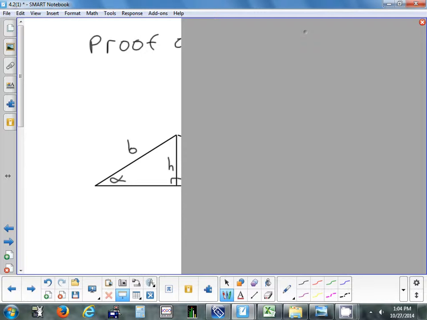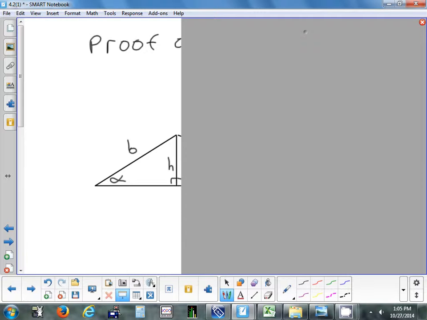So what I want to do is use a trig function, either sine, cosine, or tangent, that will involve H and B. Just like what we've done before, I've got to figure out the names of these sides relative to that angle. What's the name of H relative to alpha? Opposite. Good. What's the name of B? It's the hypotenuse, because it's across from the 90.